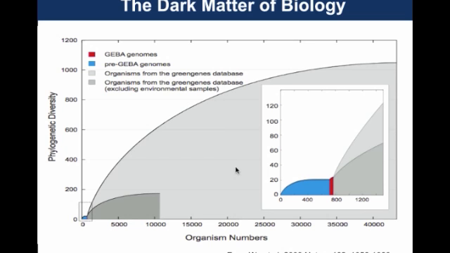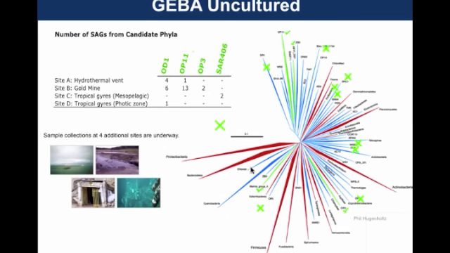And so there's now yet another spin-off project, which is to go through the real diversity, which is in these uncultured lineages, and try and get genome sequences from those uncultured lineages.